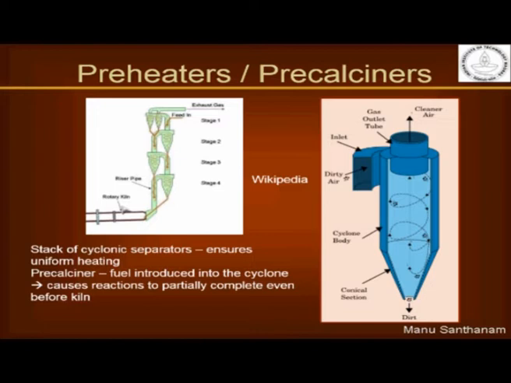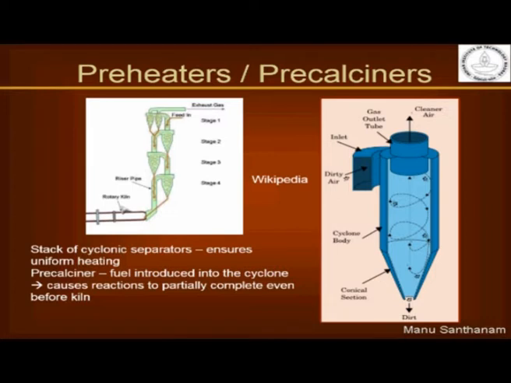As a result, about 70 to 80% of your removal of carbon dioxide from the limestone gets completed in the pre-calciner itself, and then the material comes to the rotary kiln, where the other processes can now take place. Okay, so these are processes that have really improved the efficiency of cement manufacture, have reduced the overall cost that it takes to manufacture a kilogram of cement. So these are also processes that have brought in much better quality into the cement manufacturing process.